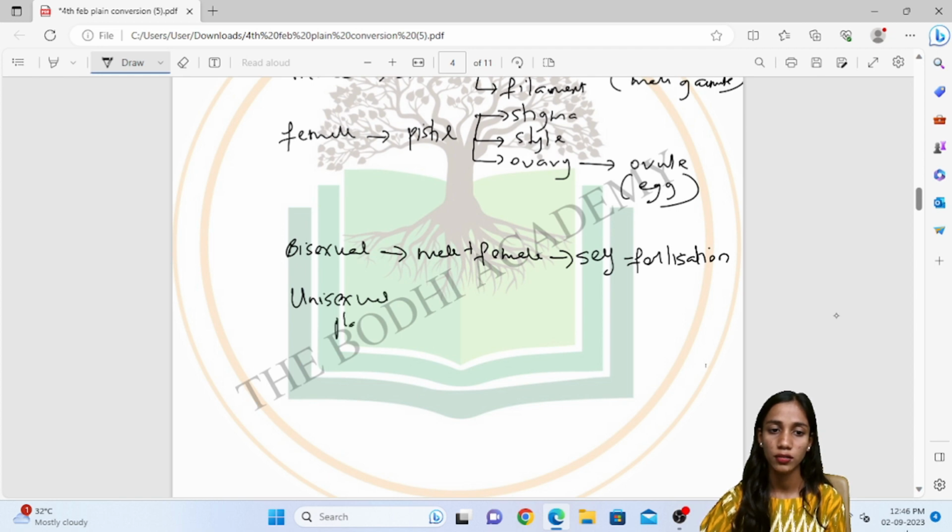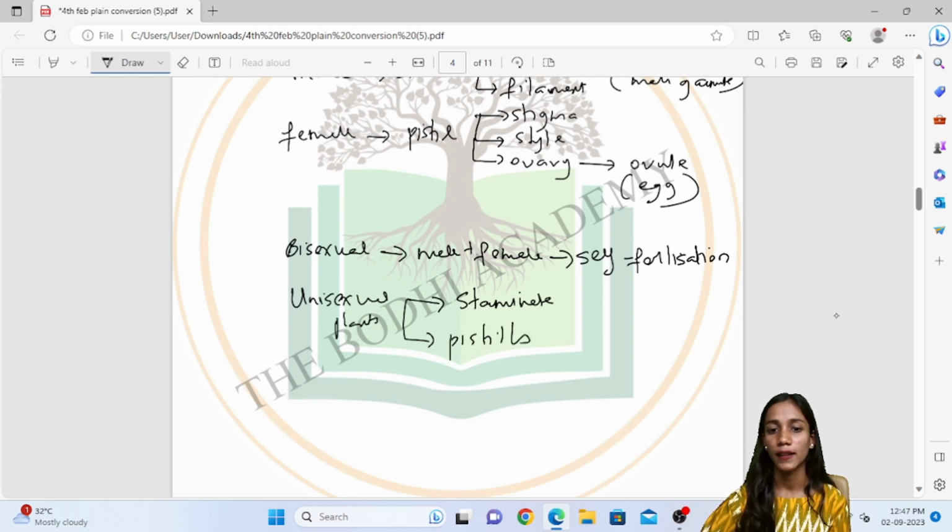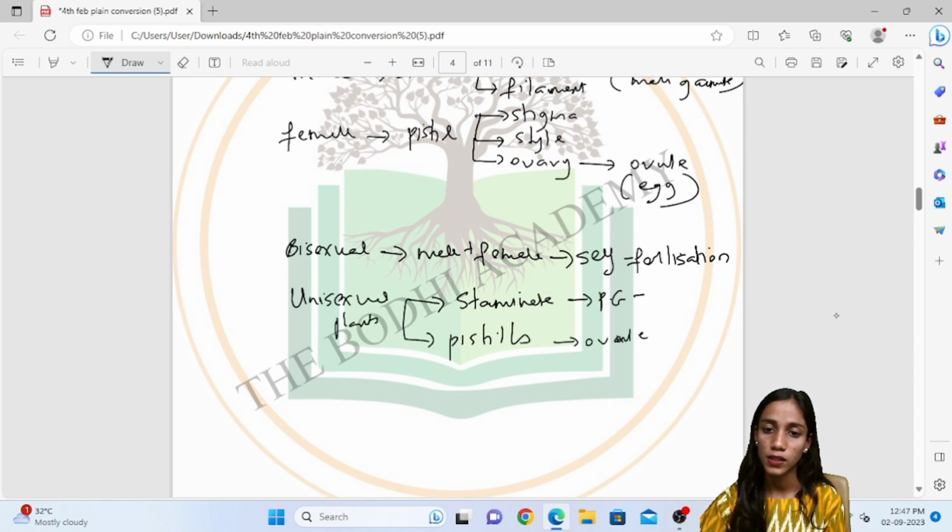Now, what about the case of unisexual plants? One will be staminate, the one bearing the stamens, and the other will be pistillate, the one bearing the pistil. This will have its own pollen grains and this will have its own ovary and ovule.